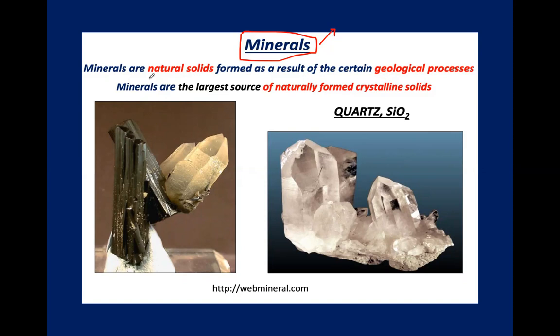So these are natural solids. That means they should be formed by a natural process, not any artificial or chemical process, due to geological processes. Due to some geological processes, you can find mineral crystallization. In your other courses, you can learn more details about these geological processes.